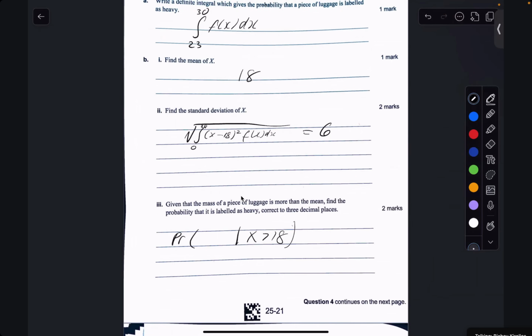And then find the probability that it's labeled as heavy, so given greater than 23. And so that's the probability that, we'll just write integral straight away. That's the integral, the intersection is 23 up to 30 of f of x over the integral from 18 to 30 of f of x dx, and to 3 decimal places.